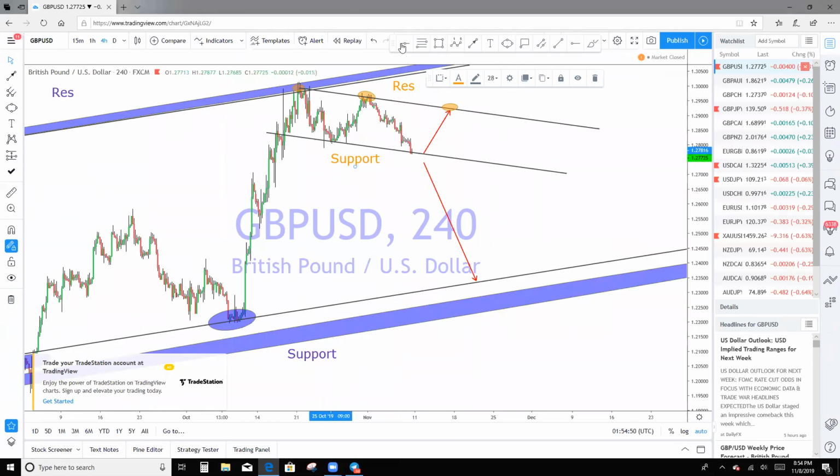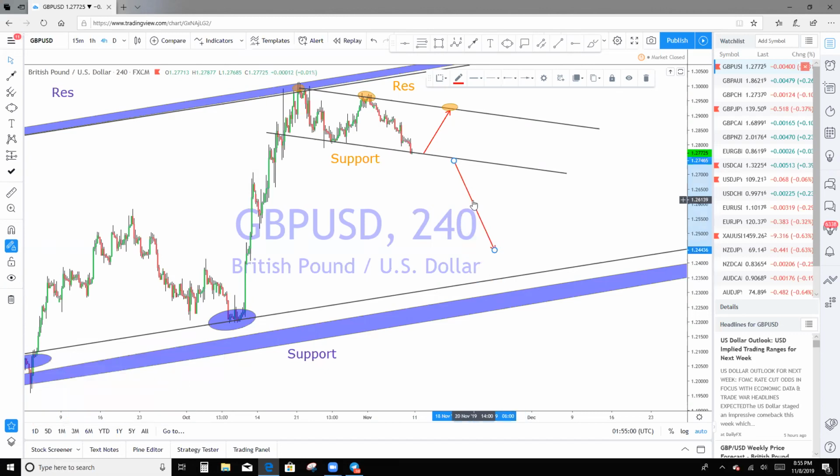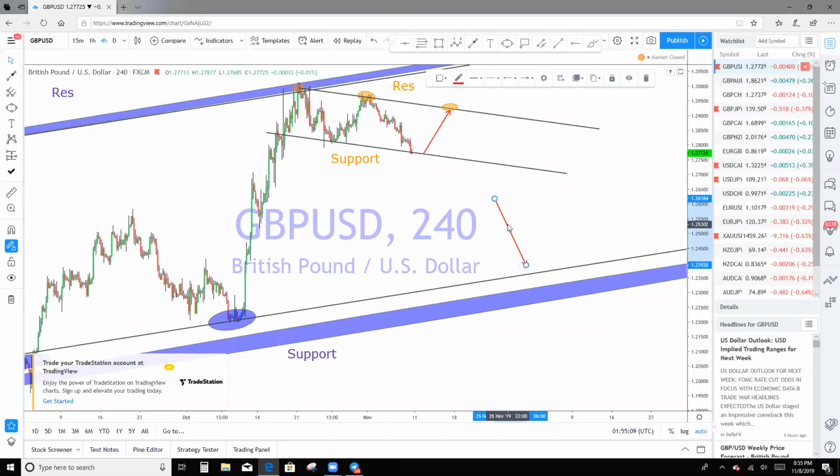So what if this breaks this support line? What should we wait for? I'm gonna get to my 3 rules. That retest, exactly. That leads me into my 3 rules.